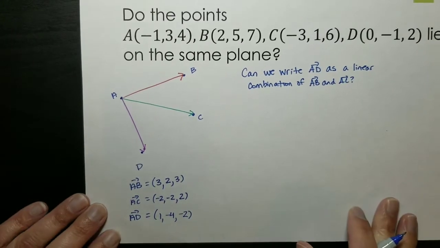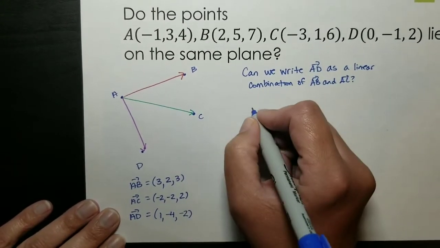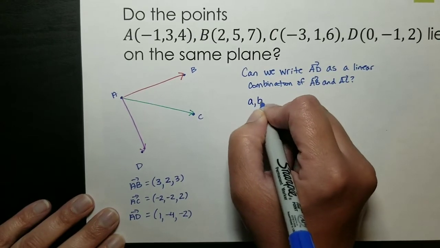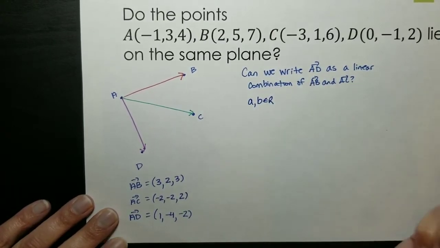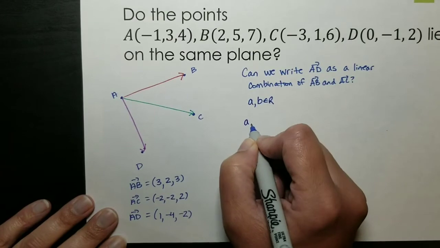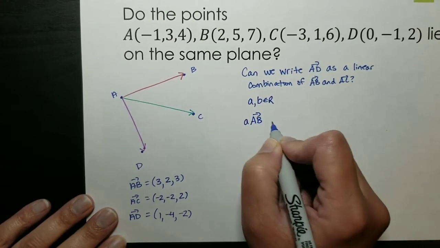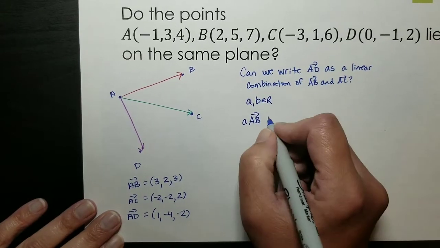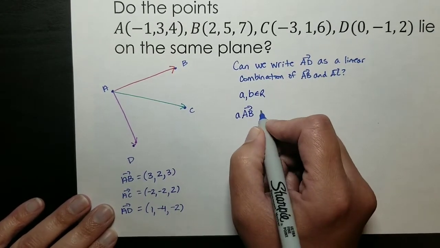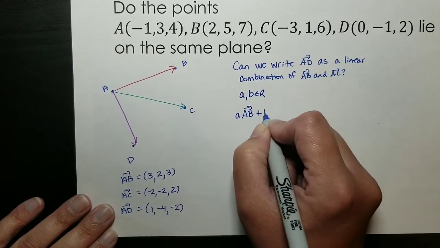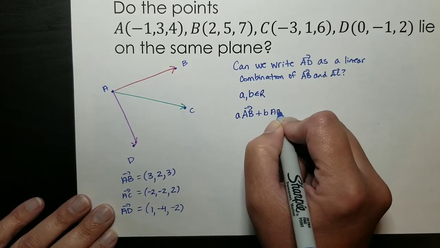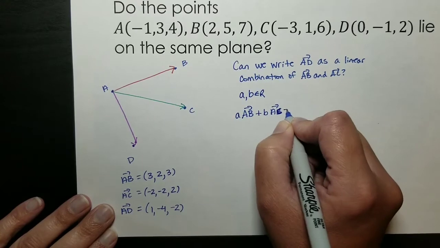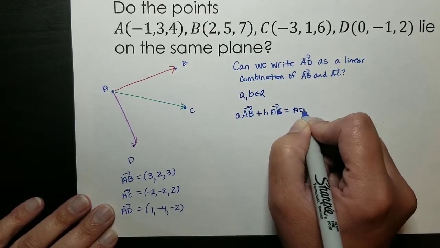So what I want to see is, can I write a linear combination? If I say a and b are real numbers, can I write a times vector AB, and this a and the capital A of my points are different A's. It is maybe bad notation here, I could have picked different variables. Plus b times vector AC equals vector AD.